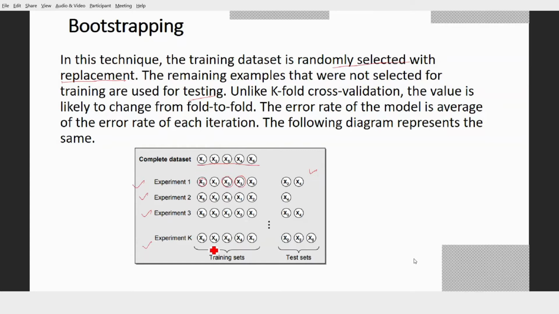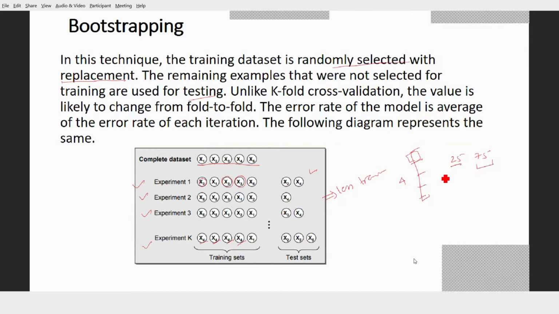You can see here the same data set. X4 is being selected 4 times, and here there are 3 test sets. This is a good idea when you have less training data and it is not possible to divide it into 4 equal folds and keep just one fold apart, or even random selection. If I'm saying that for random selection we use 25 and 75, then keeping this 25 percent aside would lead to an even lesser training data set.